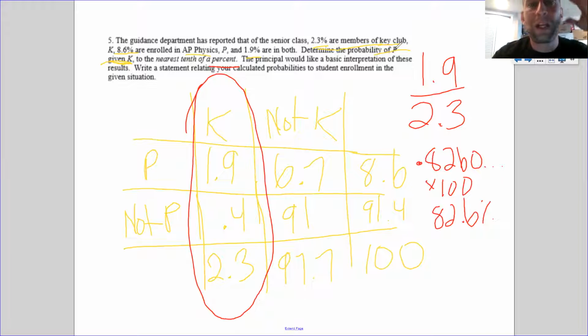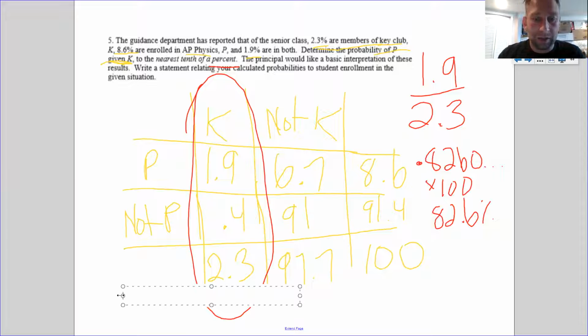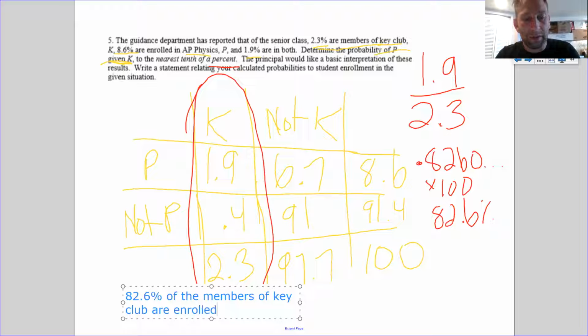The principal would like a basic interpretation of these results. So let's get my text going here. So since the condition is Key Club, 82.6% of the members of Key Club are enrolled in AP Physics.